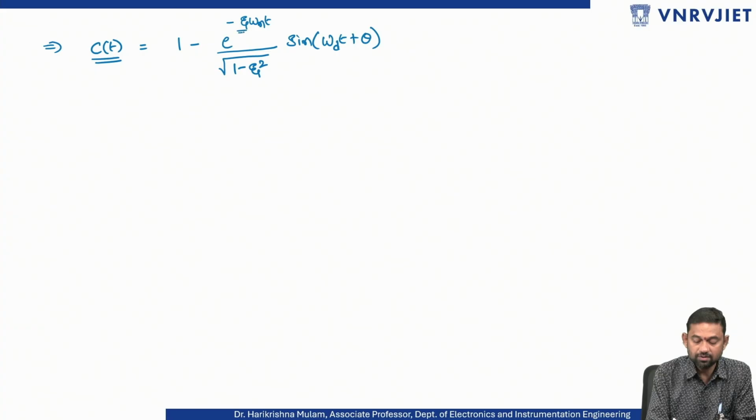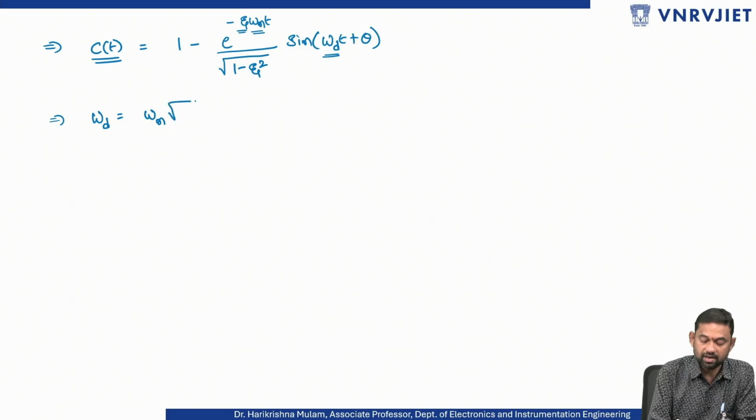You know the zeta value, you know the omega n value, and what else do we need? We need omega d. Omega d is the damped frequency of the system, given by the formula omega n times square root of 1 minus zeta square. Omega n is 10 radians per second into square root of 1 minus 0.6 whole square.